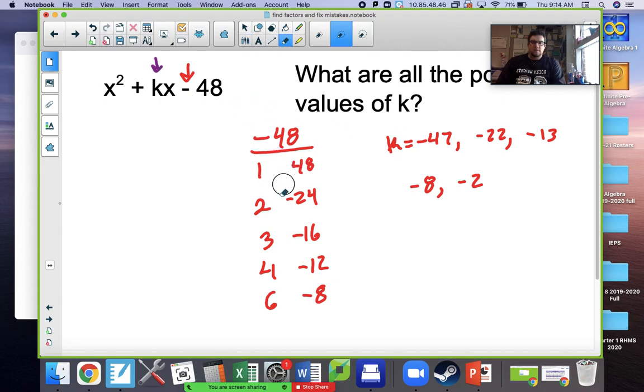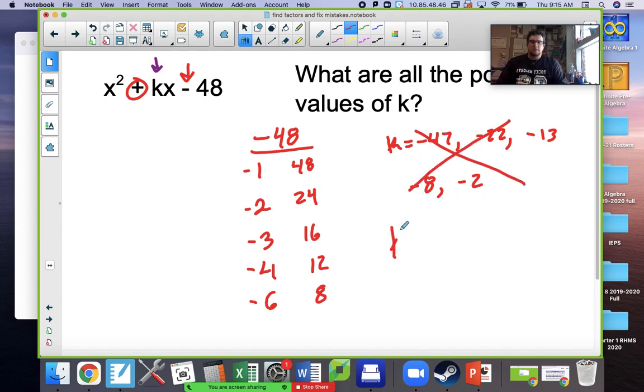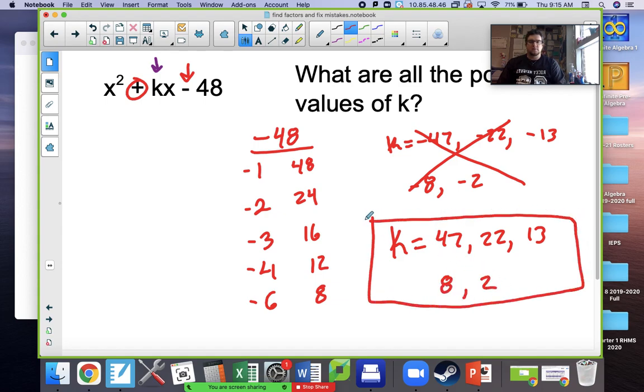So instead of having my negatives on this side, I actually need the negatives on this side because I need my larger number to be positive. So k won't be any of these. K will actually be 47, 22, 13, 8, or 2. All the positive versions of those numbers.